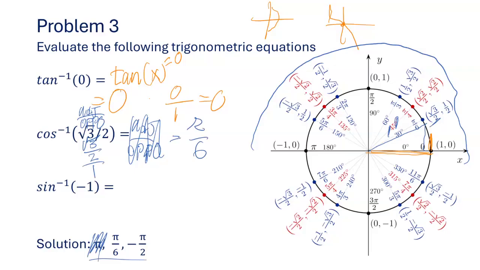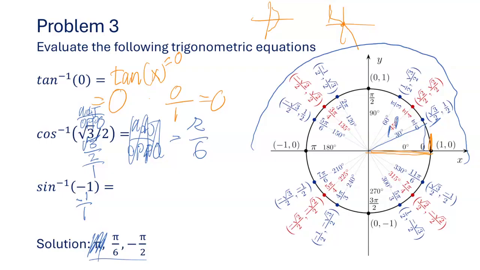So inverse sine of -1, that is when this is -1/1. My brain is saying that's going to be something that looks like a... Oh, wait, no. Never mind. Ignore that.